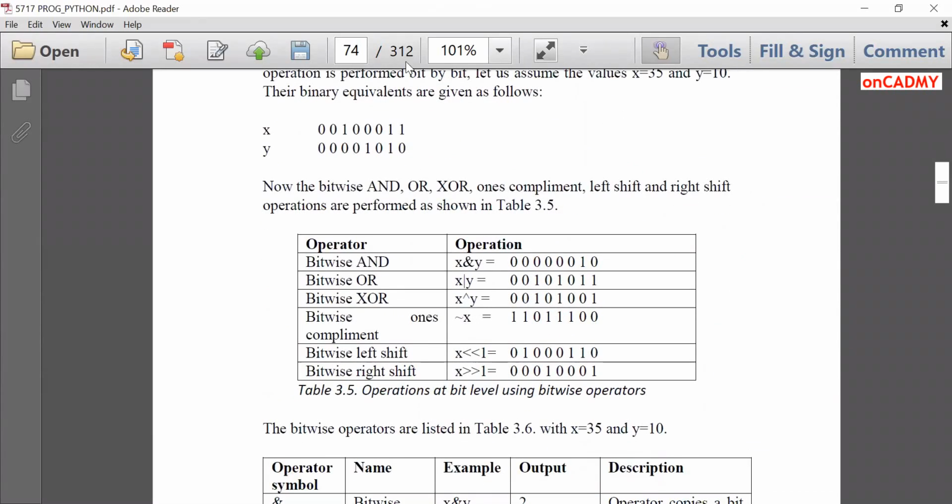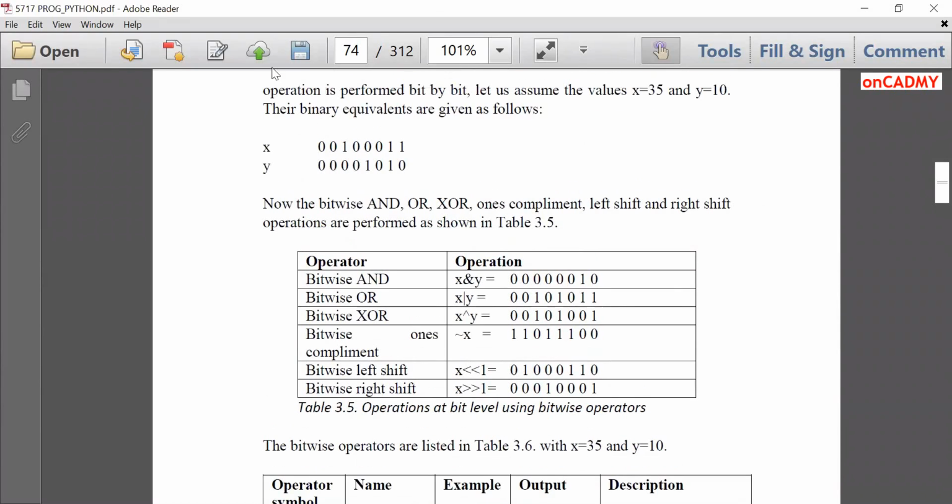Suppose we have two variables x and y with values x=35 and y=10, then they'll be represented in bit form like this. X, which is 35, will be represented like this, and y, which is 10, will be represented by this. So all the operations will be performed on these bits.